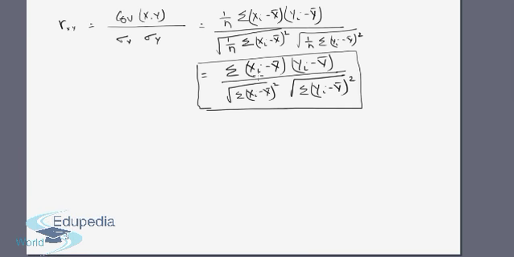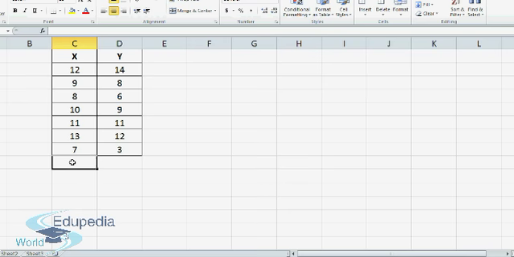Now for this formula, first we need to find the means of x and y. So let me first take the sum. The sum of x is 70 and the sum of y is 63, and when we count, 7 is the total number of data.